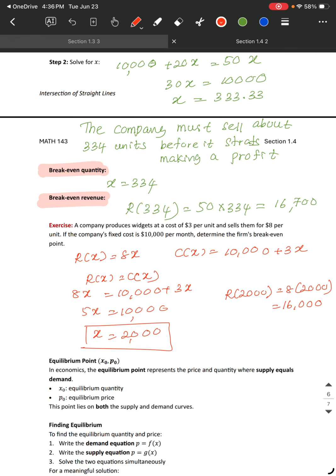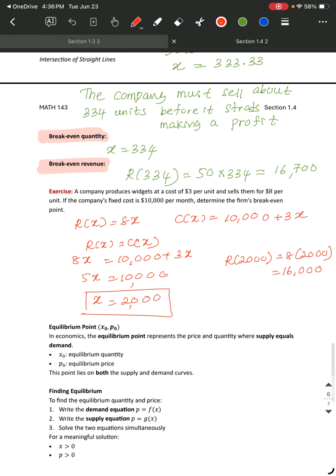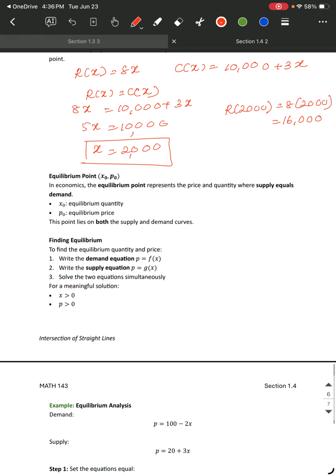Okay, you can check your answers. The break-even quantity should be 2000 units and the break-even revenue should be 16,000 for the given example. Okay, let's move forward.